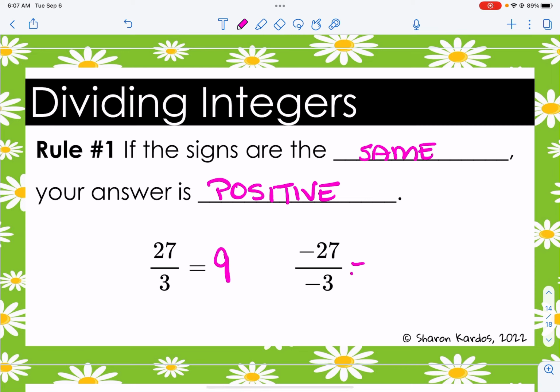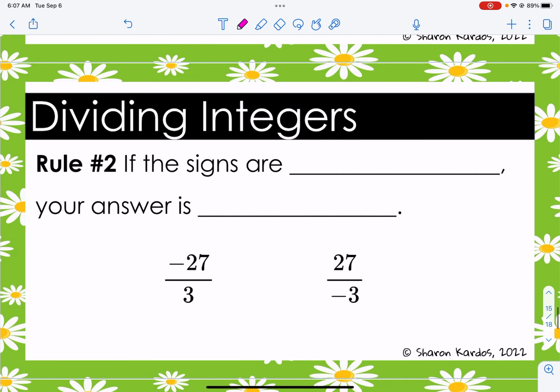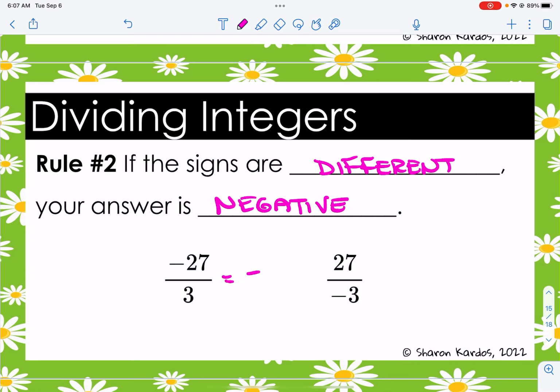And in the second one, they're both negative, so my answer is also positive 9, because in this situation those two negatives make a positive. And rule number 2, if my signs are different, meaning I have one of each, one positive and one negative, then my answer is going to be negative. So both of these would equal negative 9 because I have one of each.